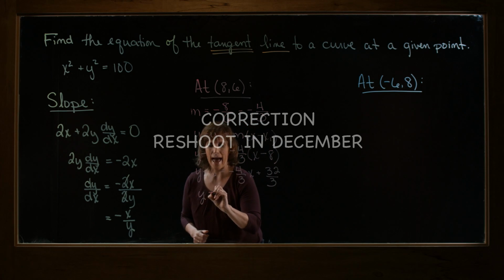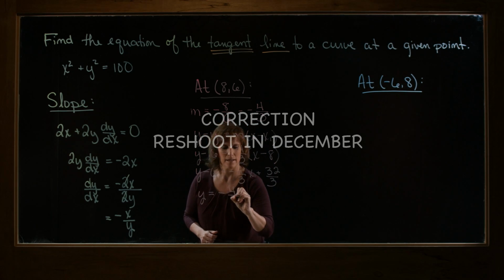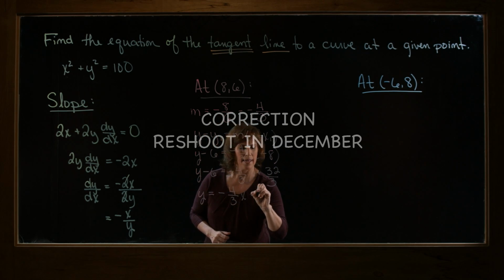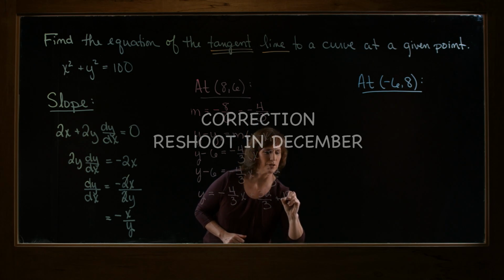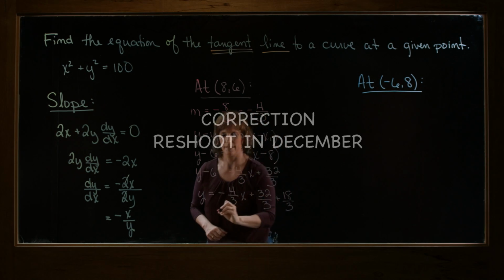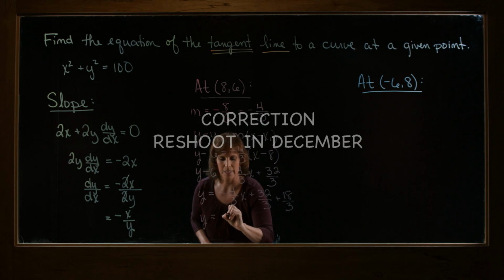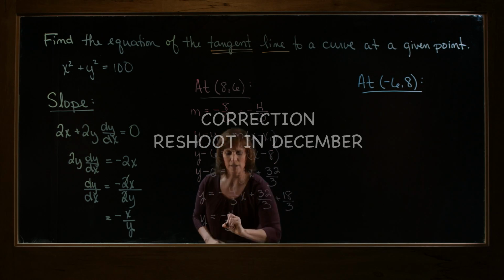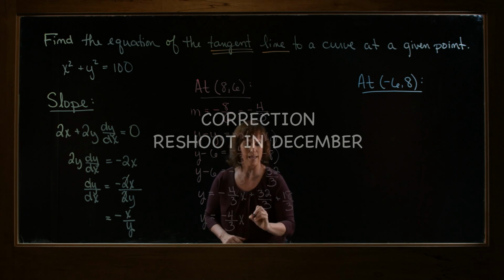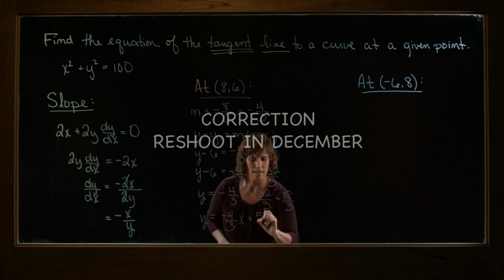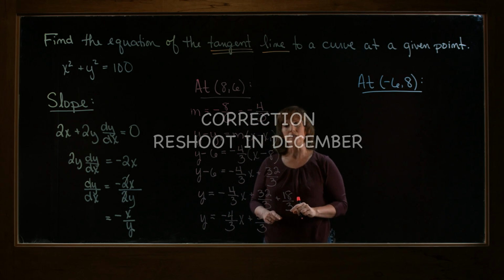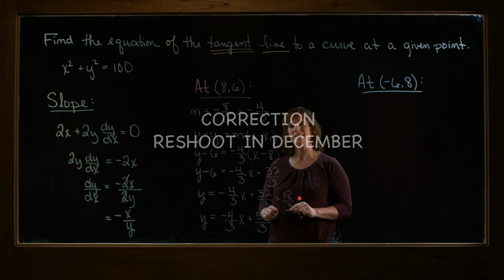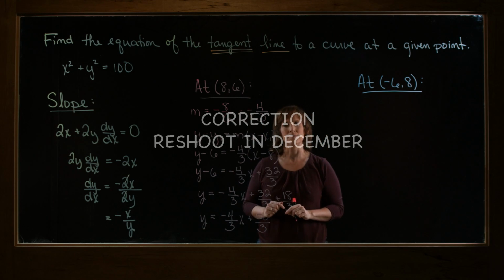So when I add 6 to both sides, it's like adding 18/3 to both sides. That makes the arithmetic a little easier. So the equation of my line is y equals negative 4/3 x plus 50/3. That's the equation of the tangent line passing through the point (8, 6).